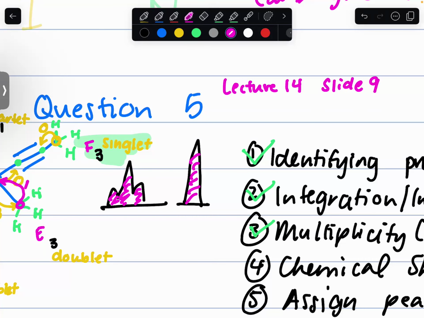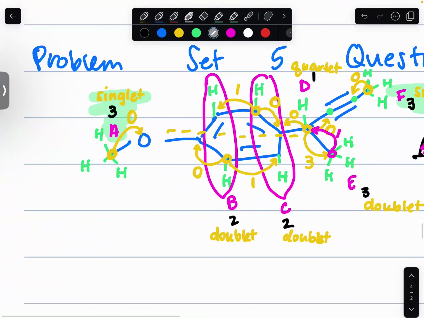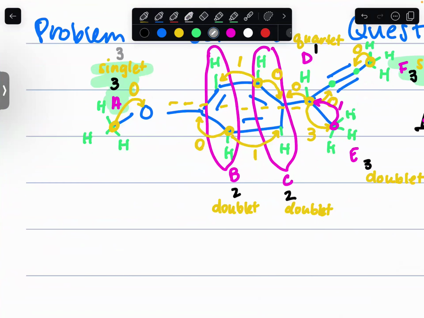So we can go through our different protons that we have here and get an approximation of our chemical shifts. So we can find an ether at 3.3.